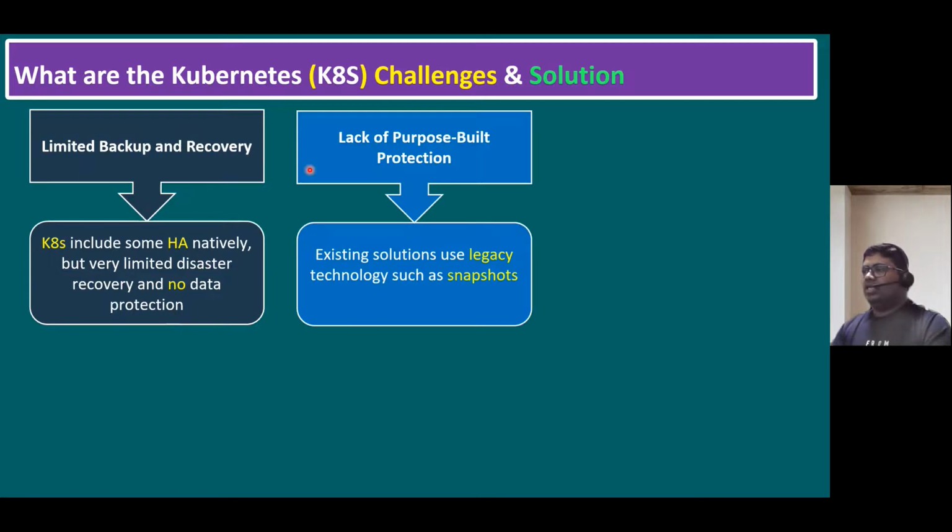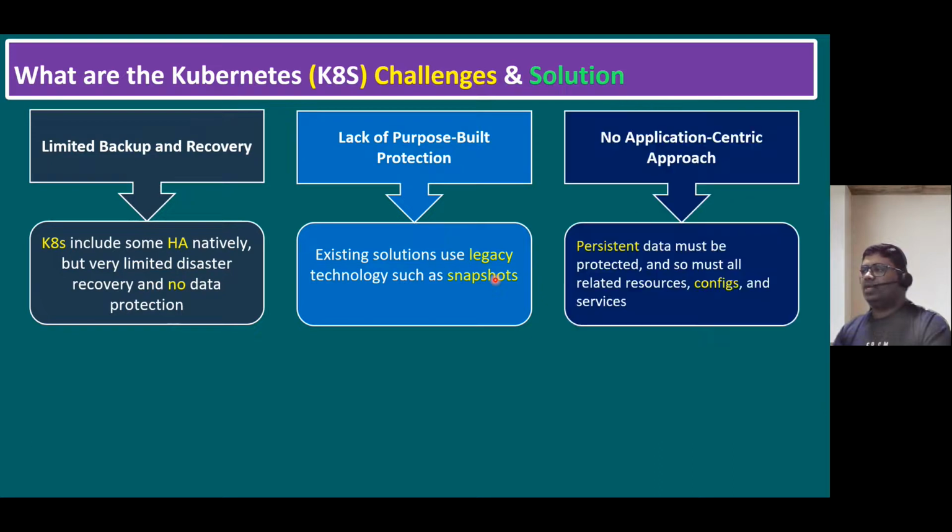Another challenge is the lack of purpose built protection, and existing solutions use legacy technologies such as snapshot. But on Kubernetes containerization platforms, snapshot is not recommended and is not even supported. So we need a separate solution, and there is no application centric approach.